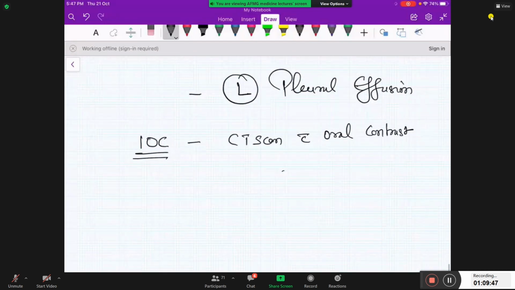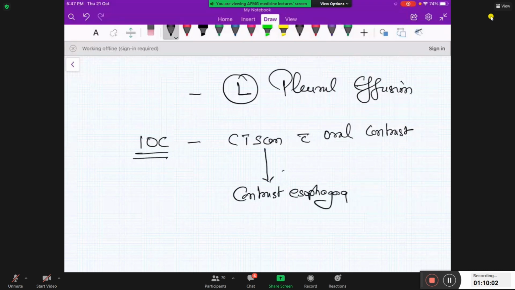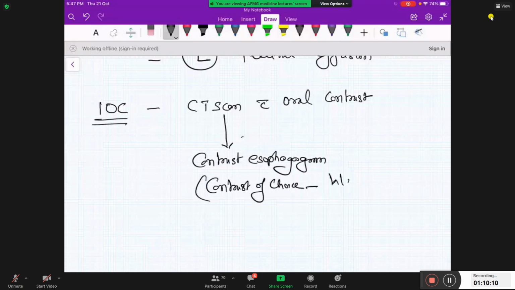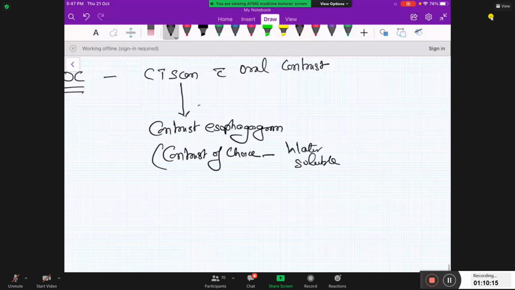I already made you write down all that. Contrast esophagogram, and the contrast of choice is water soluble contrast. What are the two options in water soluble contrast?